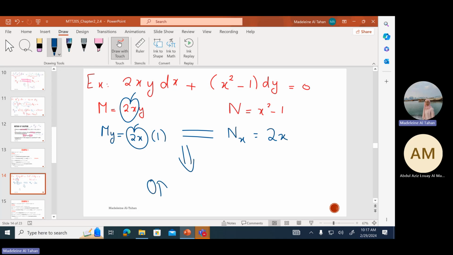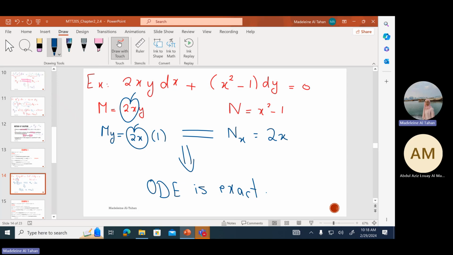Exactly. The ordinary differential equation that we are dealing with is exact. This is the first step. Please, let's rate our understanding of the step. If you are okay with determining exact or not exact, please raise your hand. Okay. If you are not okay, raise your hand. Yes.